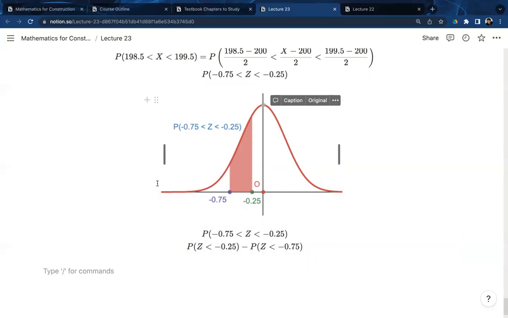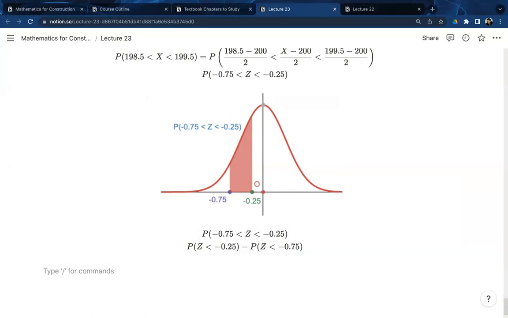And the probability that Z is less than negative 0.75 is everything to the left of negative 0.75. So if you take this big area minus this small area, you will end up getting the area in this region, right?